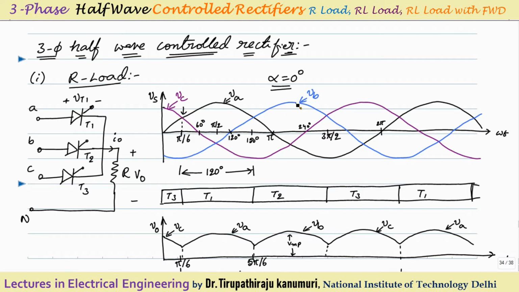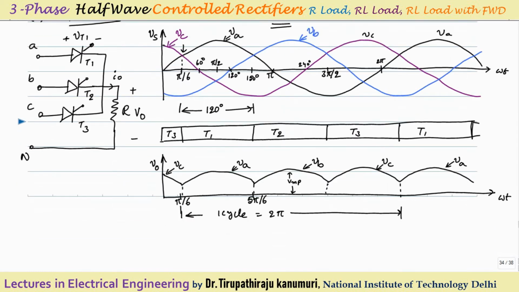As VB is positive and VA is less than VB, after this angle VA minus VB will be negative, so thyristor T1 will turn off, being reverse biased. Thyristor T2 will conduct again for 120 degrees. After that you can see the value of VC becomes greater than the remaining two. That is why thyristor T2 will stop conducting, followed again by T1, because this is VA.